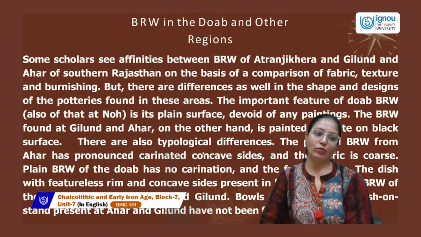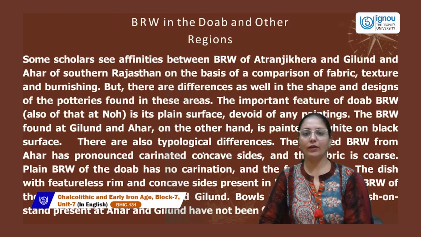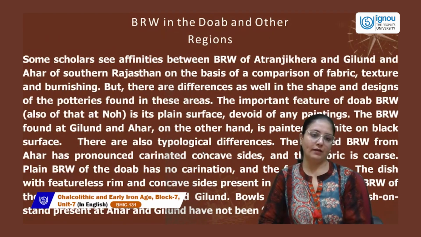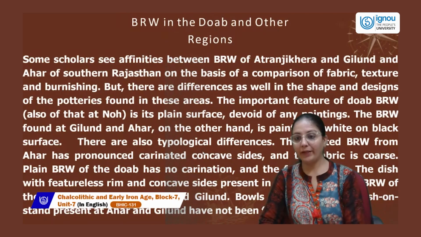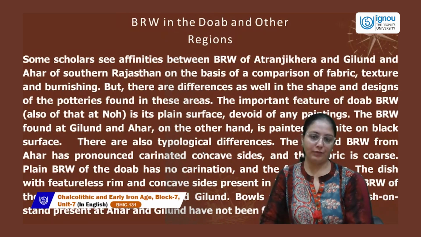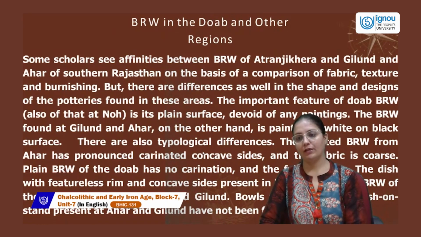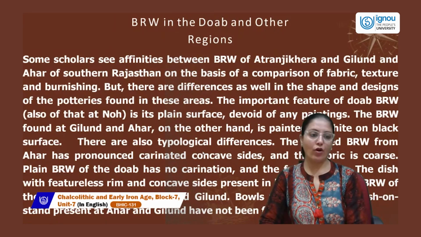The BRW found at Gilund and Ahar, on the other hand, is painted in white on black surface. There are also typological differences, meaning the difference between the types of this particular object. The painted BRW from Ahar has pronounced carinated concave sides. Fabric is coarse.